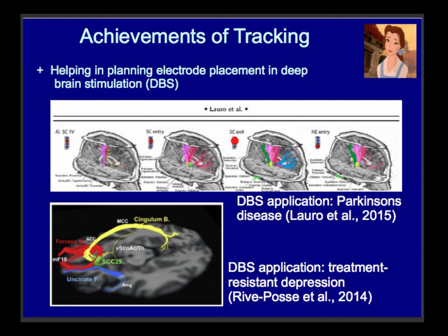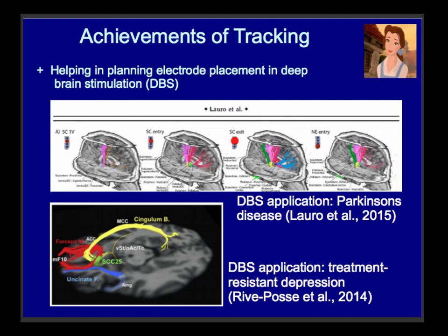And what people have started doing for a couple different applications is using tractography to help locate really where you are in the brain based on where pathways seem to be going. And that means that they get a little closer to where they want to be sooner in the process of trying to guess where they are in your brain.